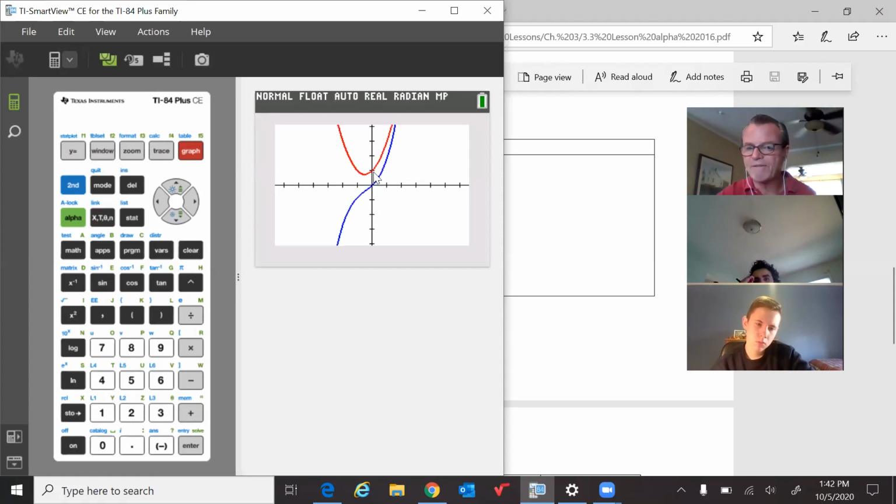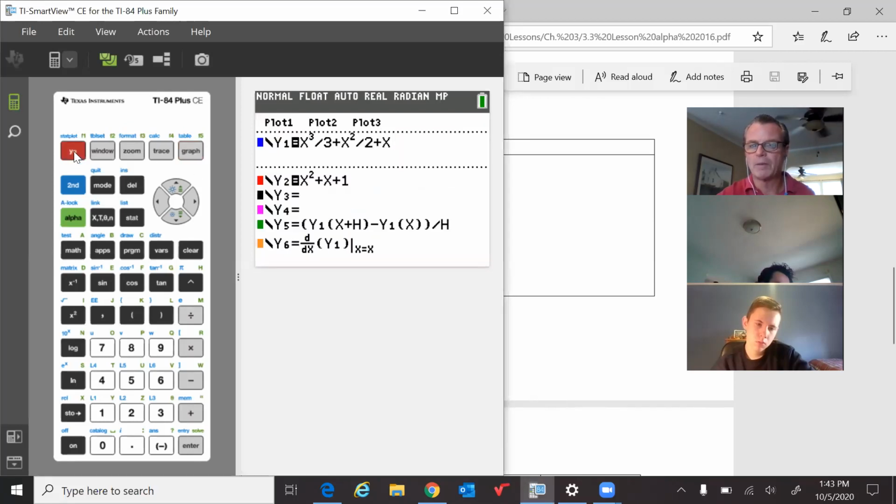The red graph is positive over the entire domain. The red graph is above the x-axis. And what do you got? The blue graph is rising the entire time. And that's what the derivative is telling you. If the derivative is positive, the parent graph is rising. If the derivative graph is below the x-axis, that's telling you the parent graph is falling.